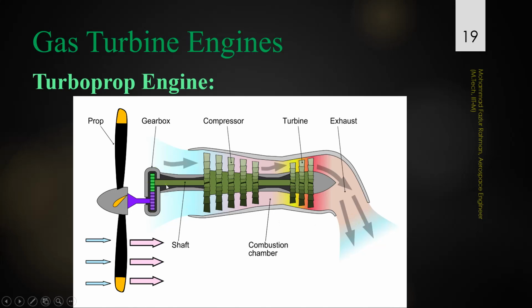Something to be noted here is that when the turbine power is fed to the propeller through the shaft, we have a gearbox here. That gearbox has to reduce the rotational speed of the shaft, because the propeller cannot work at a very high speed.